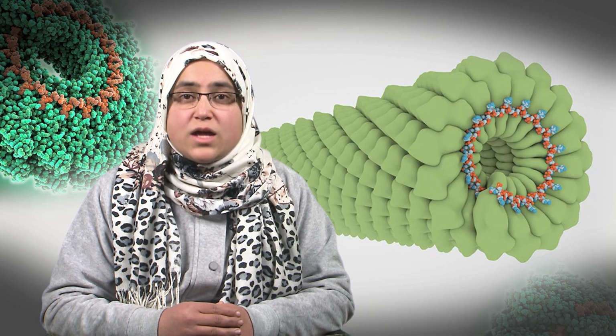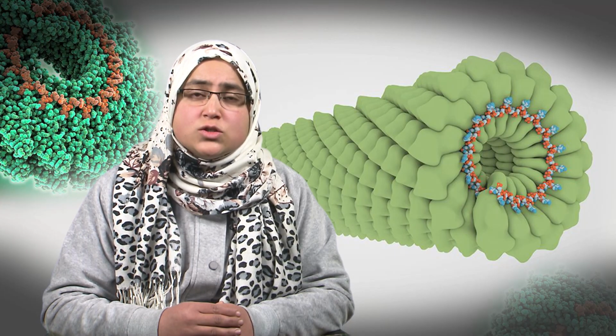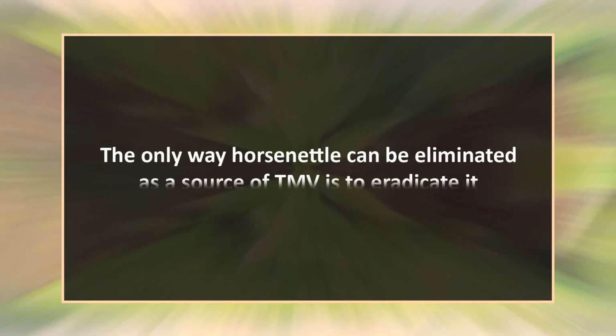The virus can be transmitted from infected horse nettle to tobacco mechanically, and this weed is suspected to be the source of tobacco mosaic virus found in many tobacco fields. The only way horse nettle can be eliminated as a source of tobacco mosaic virus is to eradicate it.